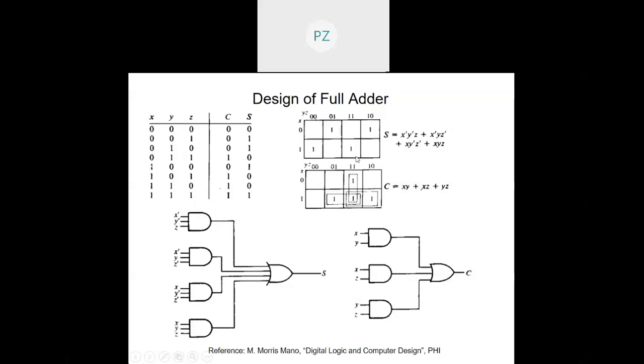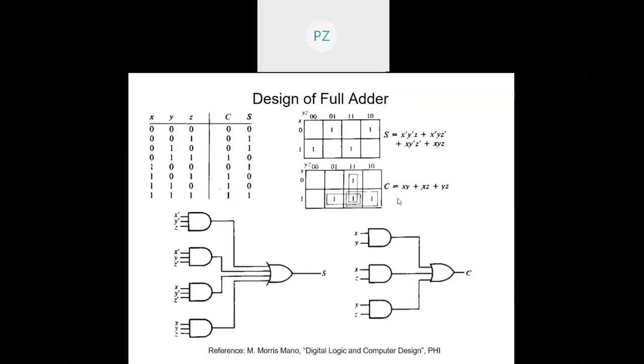They are adjacent diagonally, but in diagonal we don't have the combination in K map. It has to be vertical or horizontal. And there is no don't care condition either. So the sum can be written as individual terms: x dash y dash z plus x dash y z dash, and then x y dash z dash. So that is how you can complete the expression for sum bit.